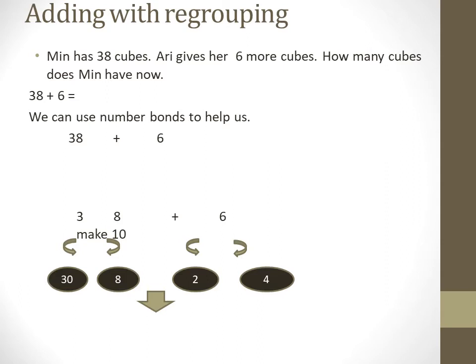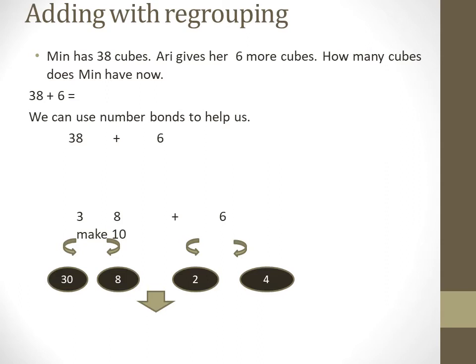Then we have to break 6 up into its number bonds. What are the different number bonds for 6? 1 and 5, 2 and 4, and 3 and 3.